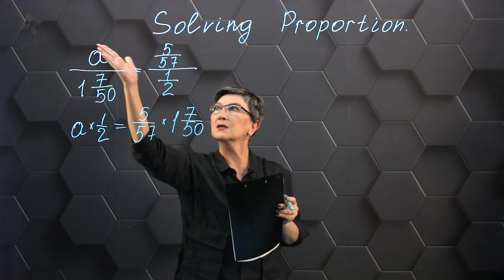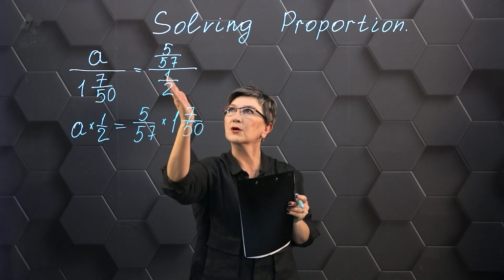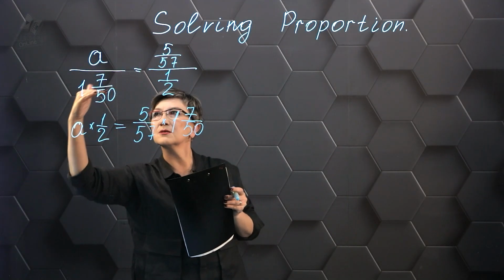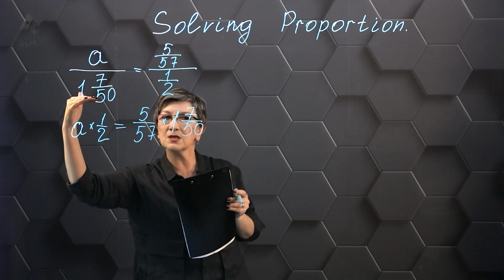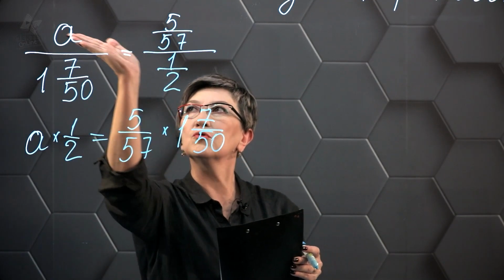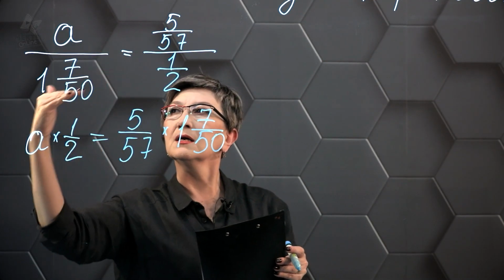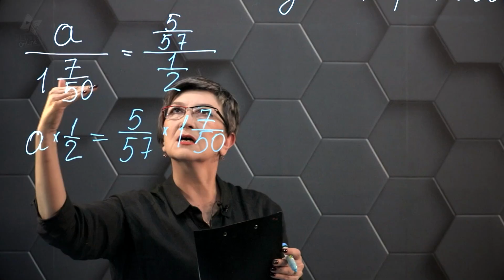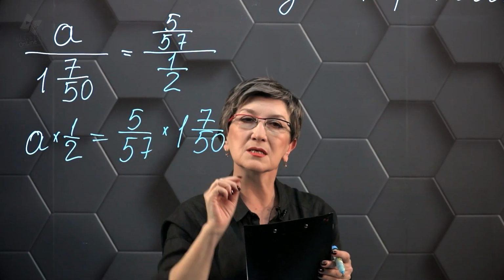I use the same algorithm. If you multiply 1 1/2 times A and 1 7/50 times 5/57, you will not change your answer.